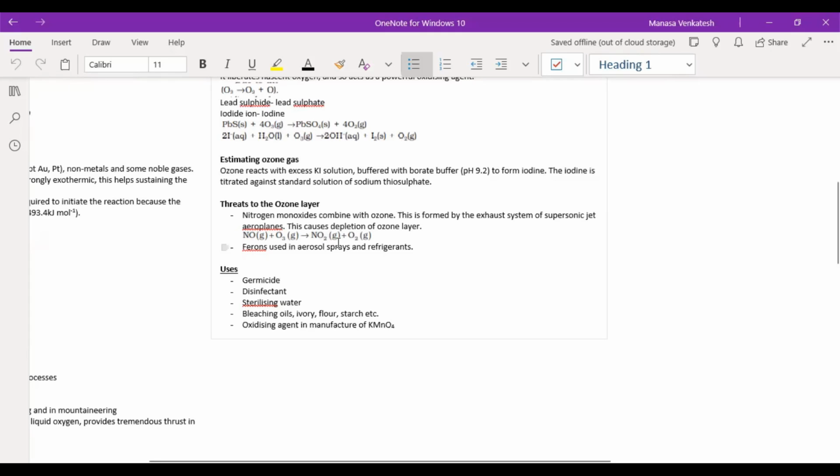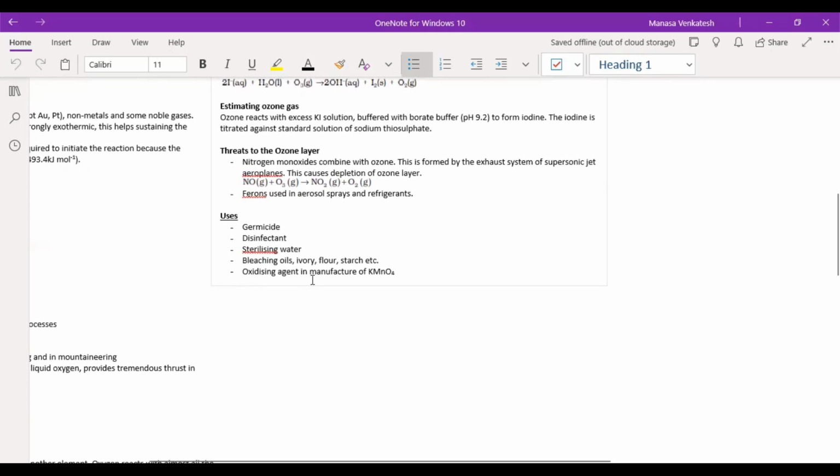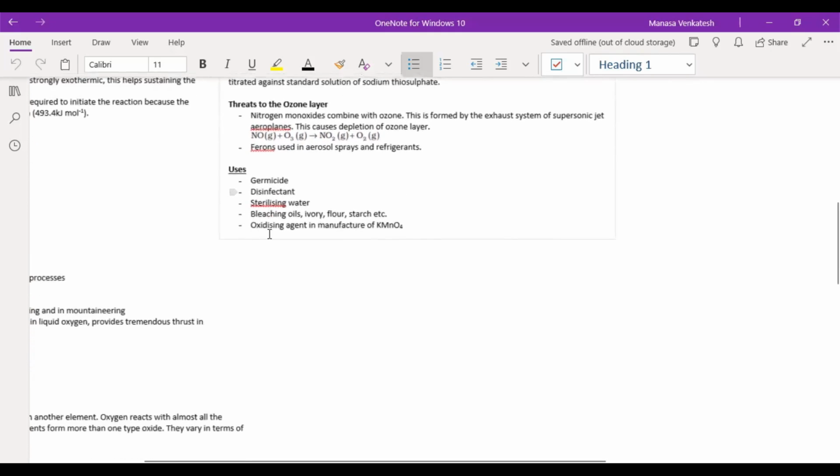And these are actually an exhaust from airplanes, and they cause the breakage of the ozone molecule. There are other things called freons, which are used in sprays and refrigerants, which are threats to the ozone layer. So these are the various uses of ozone.